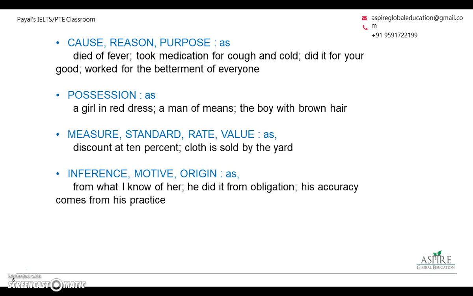From what I know of her. So that's your inference. He did it from obligation. Probably that's the motive. His accuracy comes from his practice. Again, this is the motive. So here these words, from or of, will not indicate any duration or any time of action, but they're trying to indicate an inference and motive of the action.